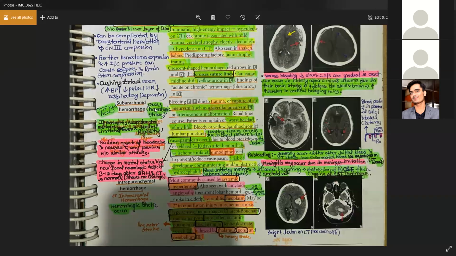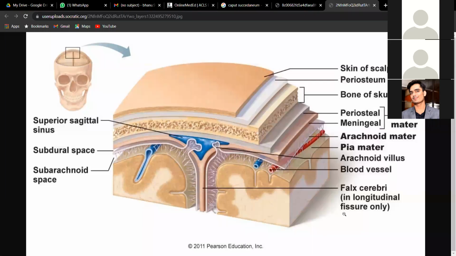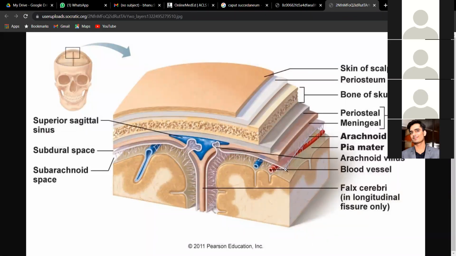Then you have the subarachnoid hemorrhage. The larger arteries of your brain are present in the subarachnoid space, like the middle cerebral artery and the anterior cerebral artery.